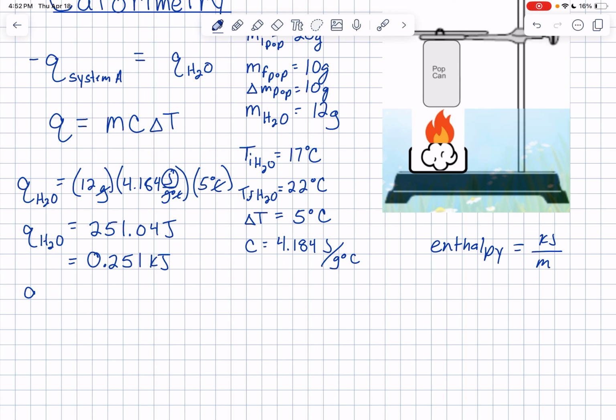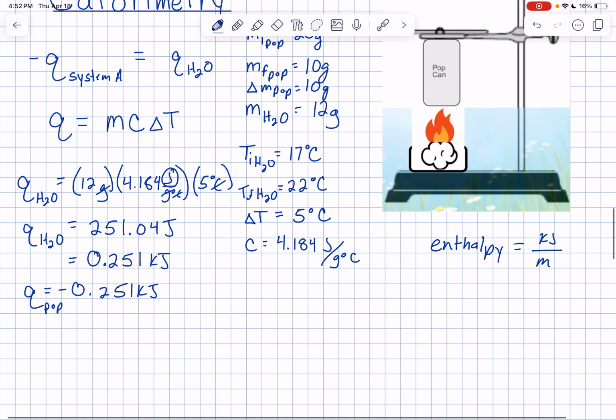That's the amount that entered my water. If I wanted to know the amount of energy that exited my popcorn, it's simply going to be the same number, but with a negative because it exited the popcorn and entered the water. So I need to figure out kilojoules per mole. I now know the kilojoules that came from my popcorn.